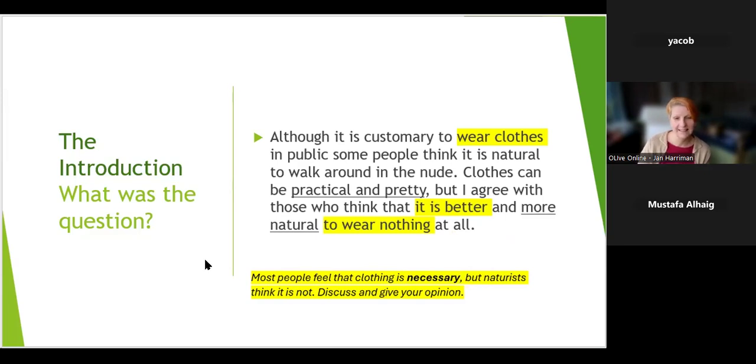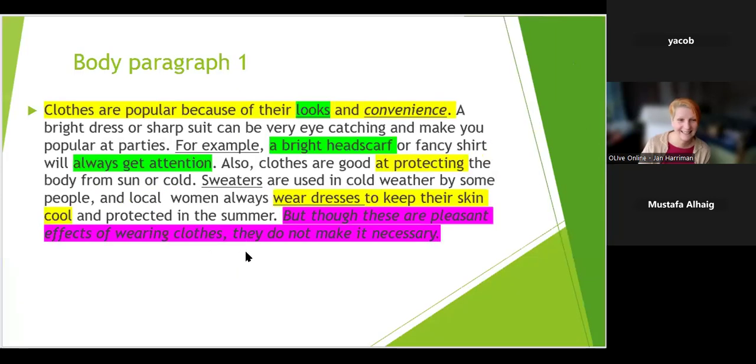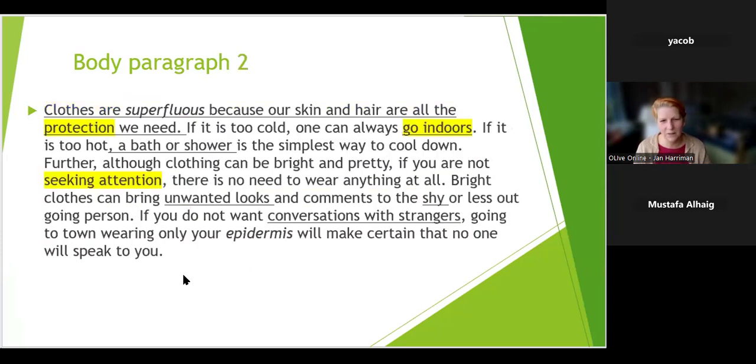All right. Now, could you take a different position in this essay? Of course you could. Do you think that the author believes what they're saying?